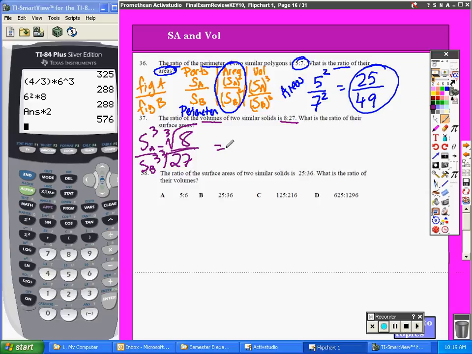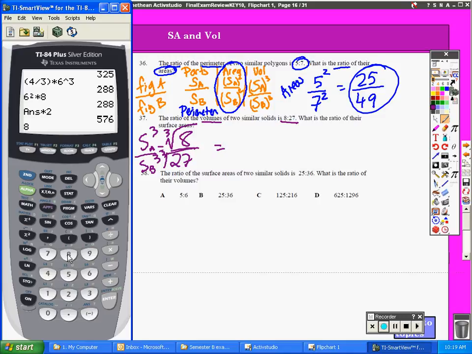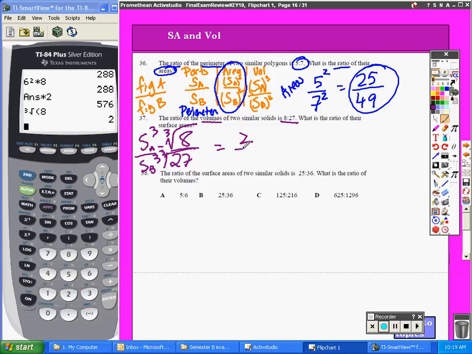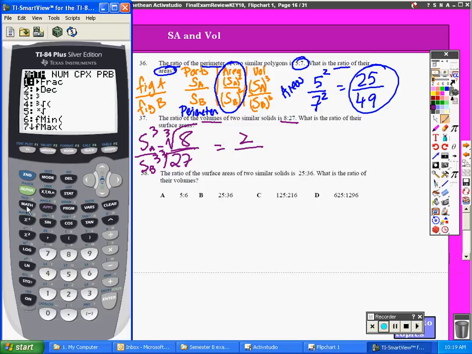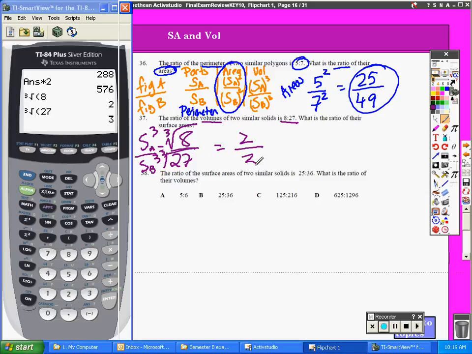On the calculator, the cube root is done by taking math, option 4, the cube root of 8. And if I do that, I get 2. I have to do the same thing for 27, math, for 27. And if I do that, I get 3. This tells us the ratio of the sides.